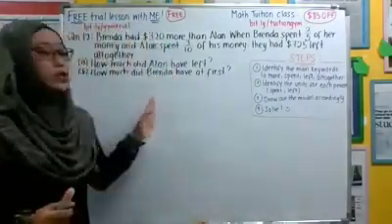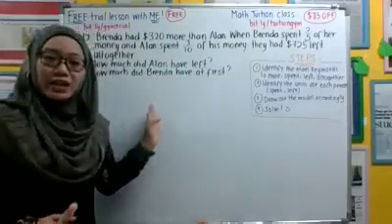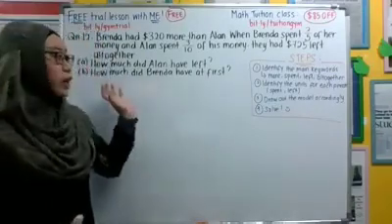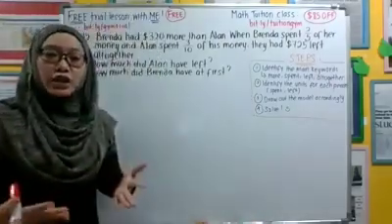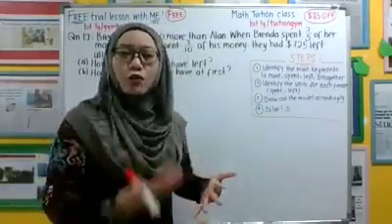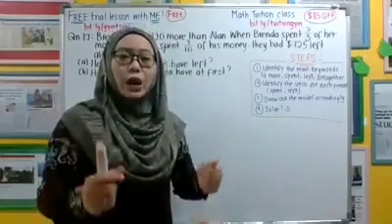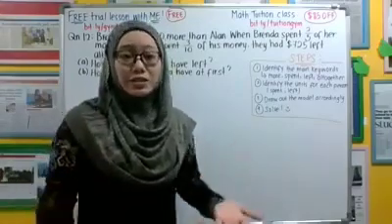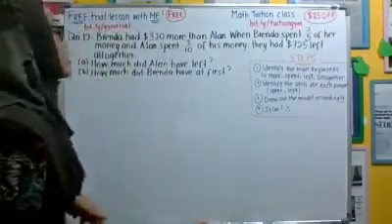I gave this question to my P6 students, and they had a very hard time trying to draw the model and solve the question with it. If the model is drawn correctly, it should help your child solve the question faster, not make them dwell on how to draw the model and what to do next. Many of the students are stuck. So let's try to do this question.